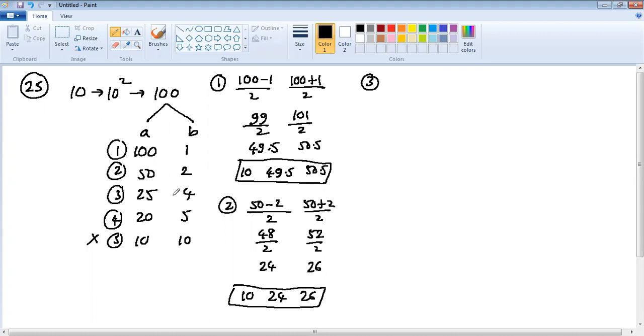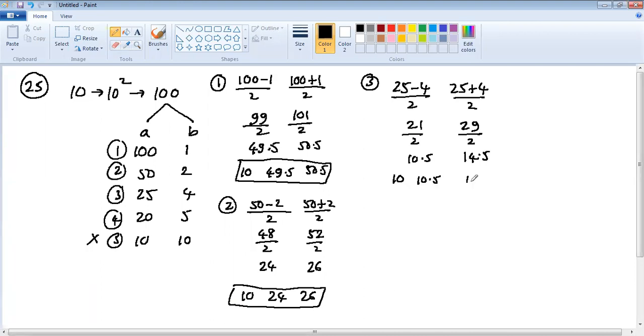Third, 25 and 4. (25 minus 4) upon 2, (25 plus 4) upon 2. This is 21 upon 2, and this is 29 upon 2. This is 10.5 when you divide, and this will be 14.5. So the triplet is 10, 10.5, 14.5.